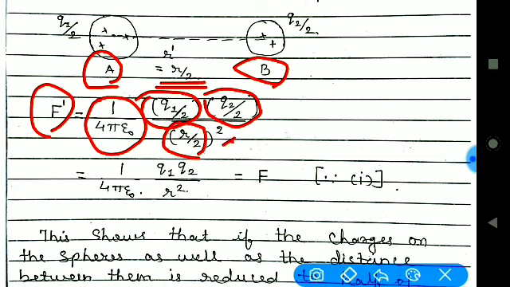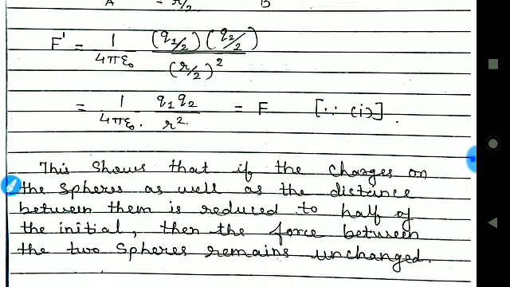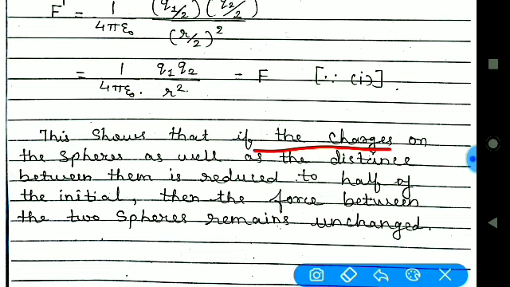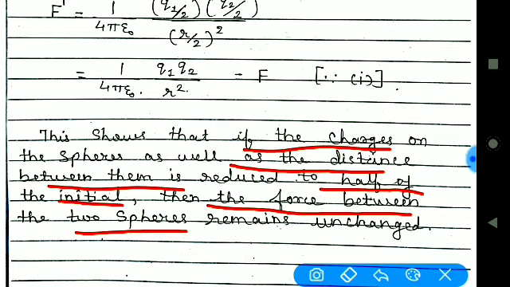After simplification, you will get the new force F dash is equal to 1 upon 4 pi epsilon naught Q1 into Q2 upon R square, which is nothing but the force we obtained earlier. So this example shows that if the charge on the spheres as well as the distance between them is reduced to half of the initial, then the force between the two spheres remains unchanged.